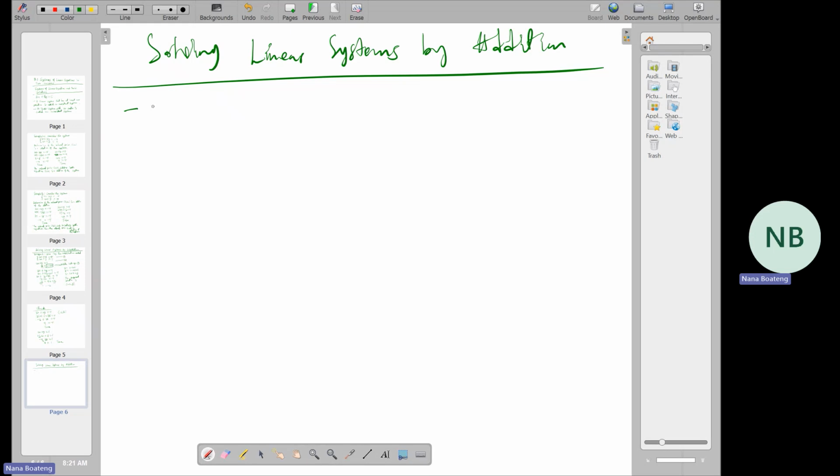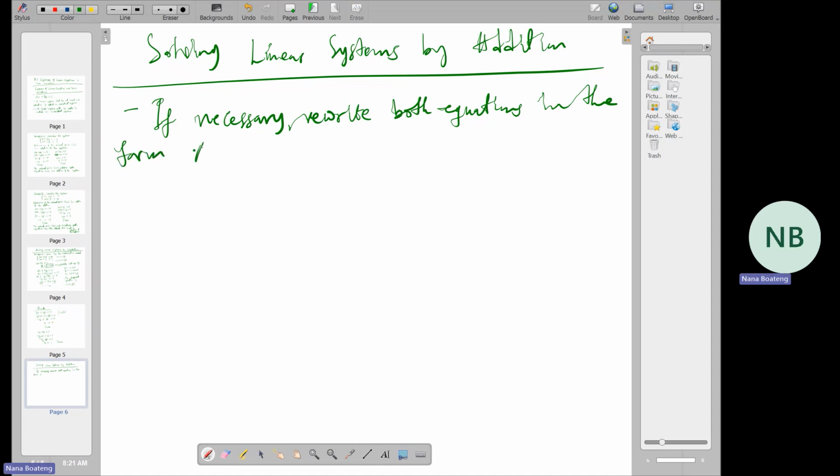So first of all, if necessary, we should rewrite both equations in the form ax plus by is equal to c.